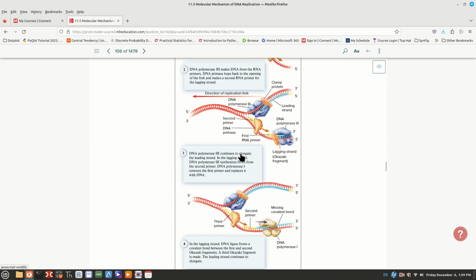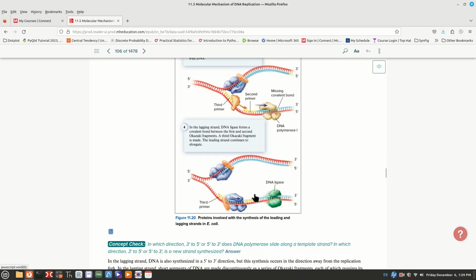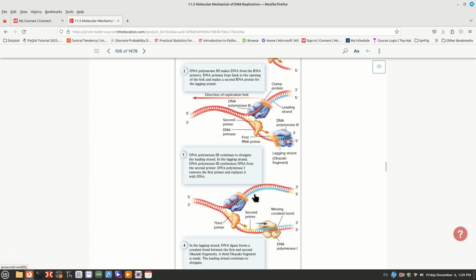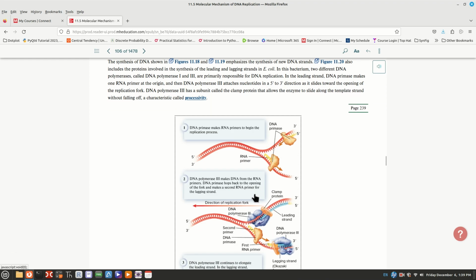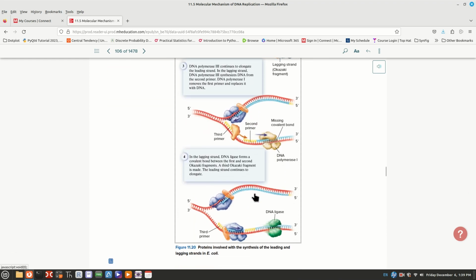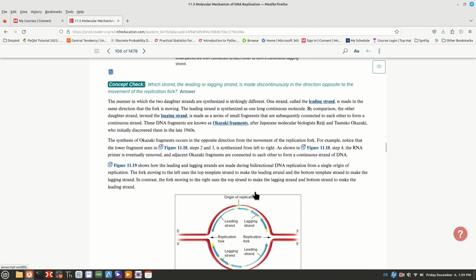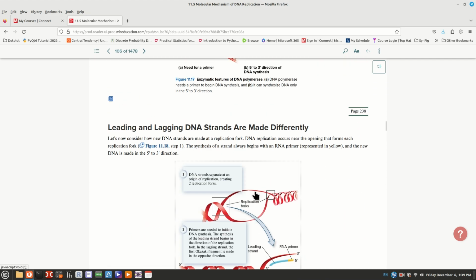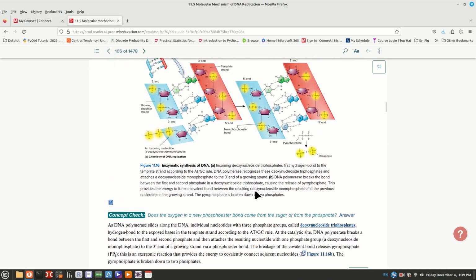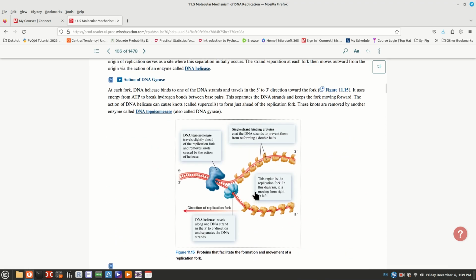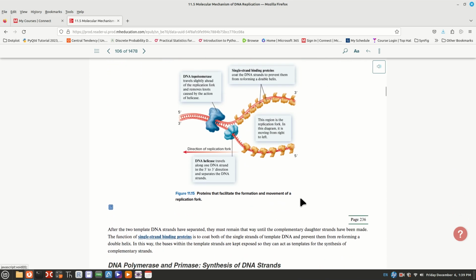If you want to draw this the way they do, that's fine. I suggest actually making your own version, but you can take these 4 steps along with the picture up here, and kind of explaining how the fork opens. So maybe I think a good way, if you're copying the book, would be to start with this picture and make your own version of that picture.